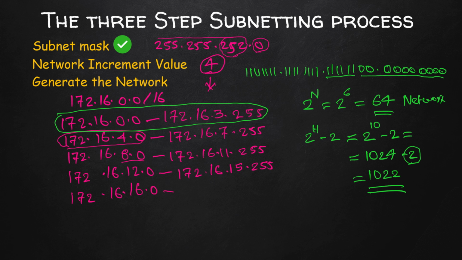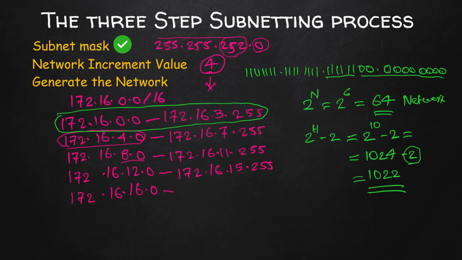Why do we reduce 2 here? Because in each network there are 2 IP addresses you cannot use and cannot assign to any devices: one is the network ID and the second is the broadcast ID. The network ID is used by network devices to indicate that network, so you cannot assign it to any device.